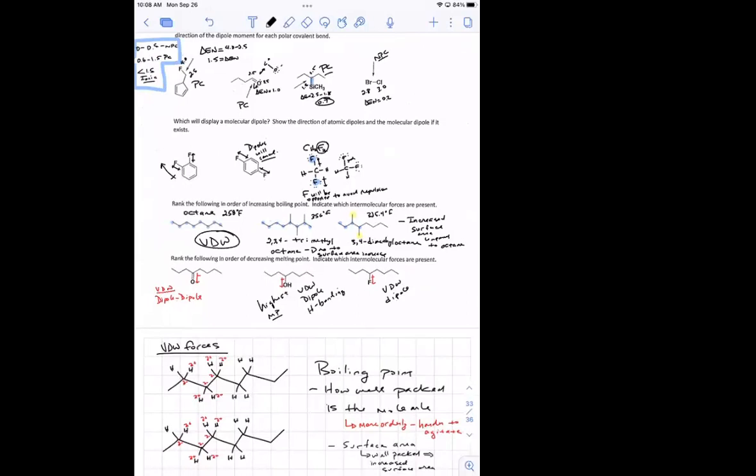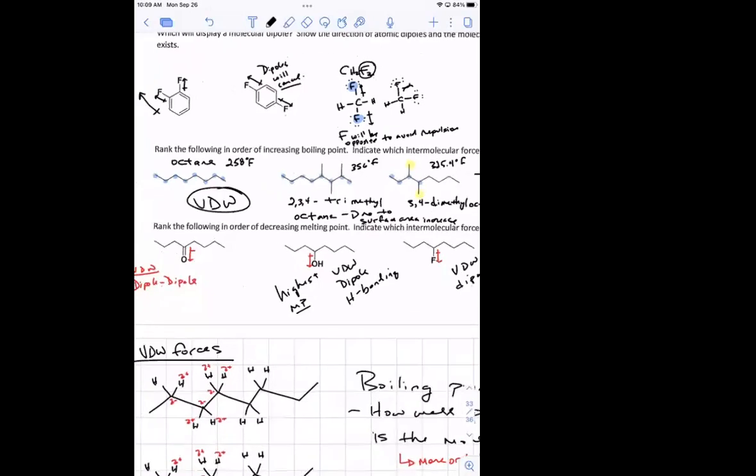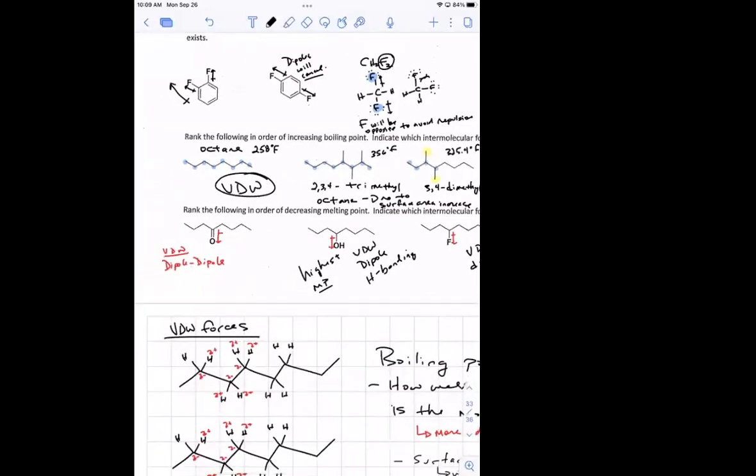How could we determine which one had the strongest dipole? What can we measure? Let me back up. What is the dipole measurement?